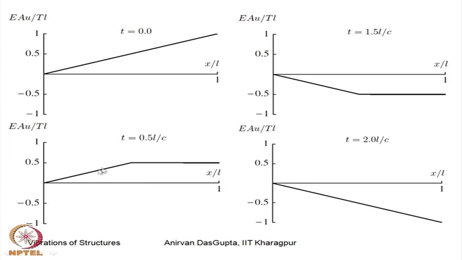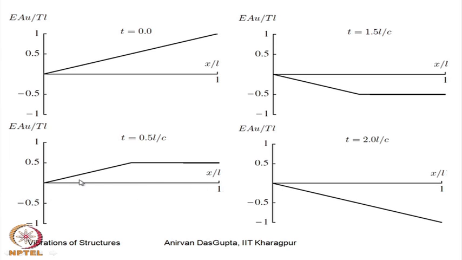So, at L over C, the whole of the bar is at the equilibrium configuration, which is not shown in these figures. And then at 0.5 L over C, there is a compression taking place in the bar. Here the bar is under tension. When it comes to the equilibrium configuration at L over C, the bar is in equilibrium, but then it has acquired velocity.